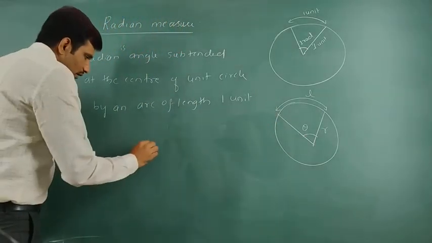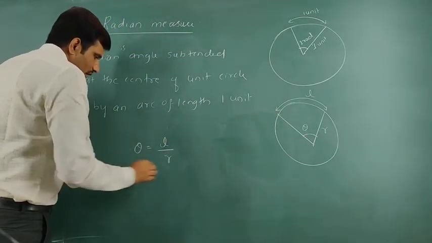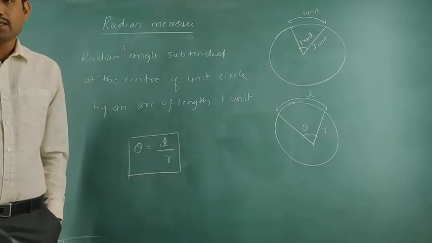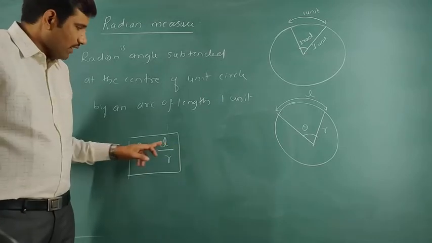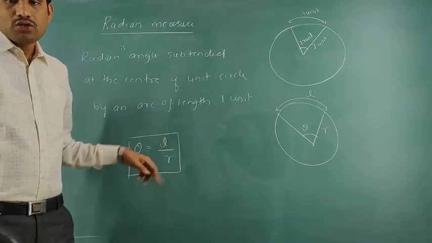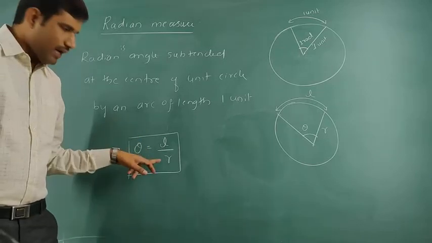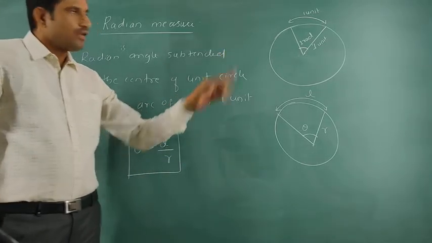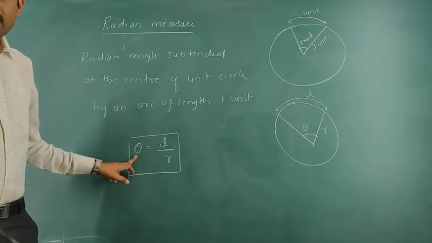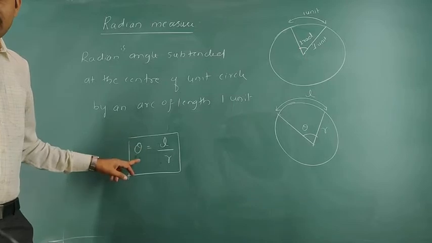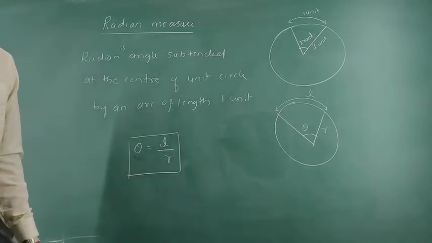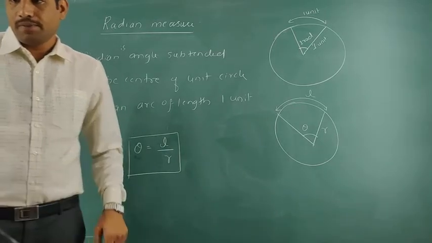We have a formula: theta is equal to L by R. When L is 1 and R is 1, then theta is 1 radian. If the radius is not 1 unit and the length of the arc is not 1 unit, this is the formula to find the angle in radians when we know the radius and arc length. So theta is equal to L by R. Is it clear, friends?